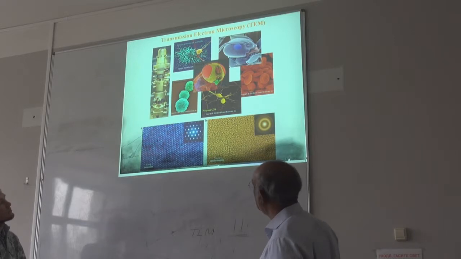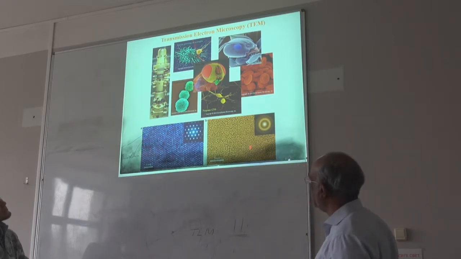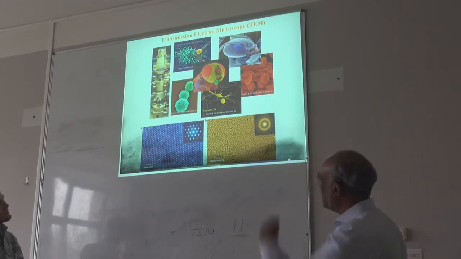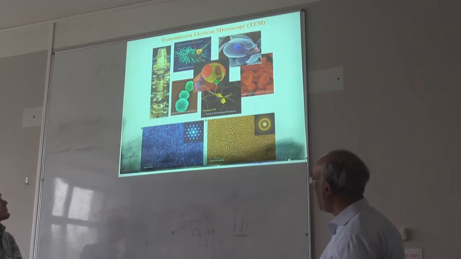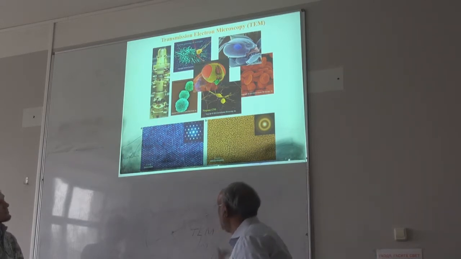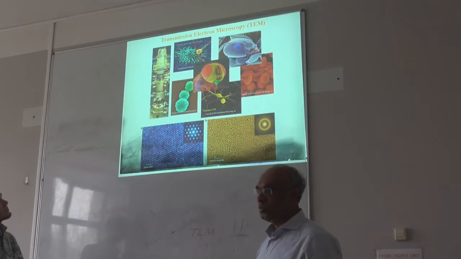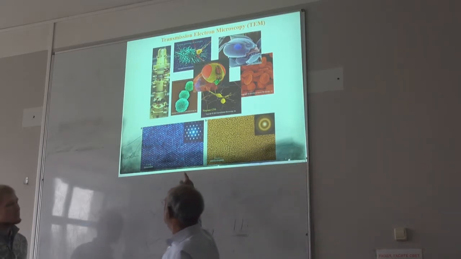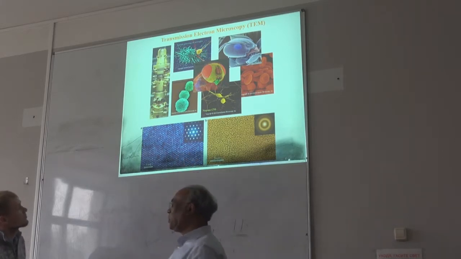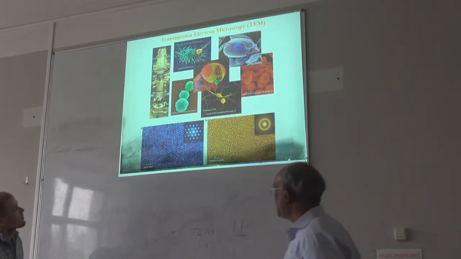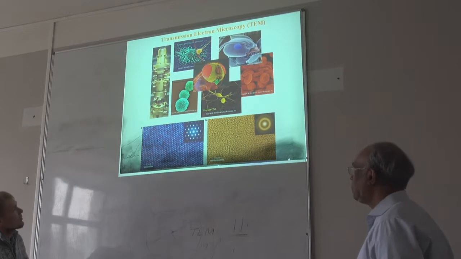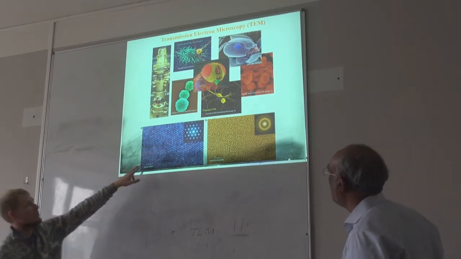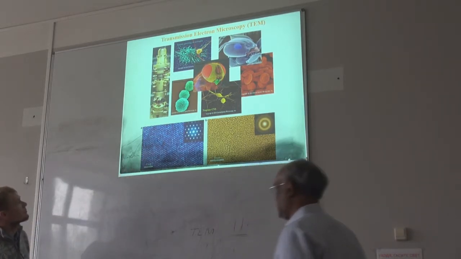This is some amorphous material, so you don't see that crystalline structure. So if you have a high resolution TEM, you can look at the atomic configuration. If you have some missing atom, you can also see that. We can see vacancies and dislocations, some dislocation bands.